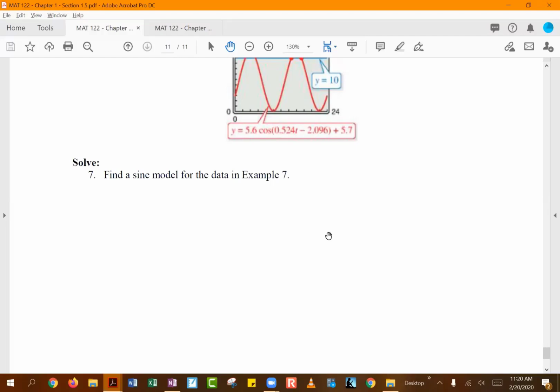Okay, so what did we do to find that A value for the sine model? So same exact calculation as you saw in example 7. Your maximum minus the minimum, which would be the depth of 11.3 minus 0.1, multiplied by 1/2. Anybody who was not able to come up with the sine model for that problem?